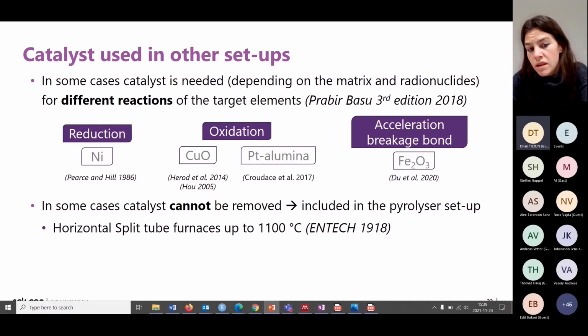In case of needing an oxidation, copper oxide or platinum alumina could be used. And in case of acceleration of bond breakage, iron oxide could be used. In some other cases, the catalyst cannot be directly removed from the setup because it's already included there. And this is the case of horizontal split tube furnaces up to 1100 degrees.